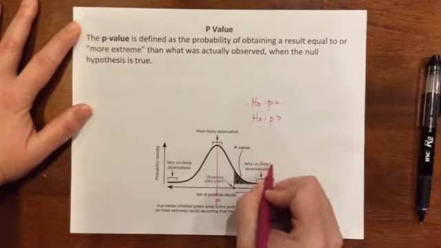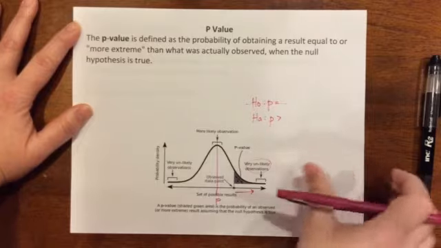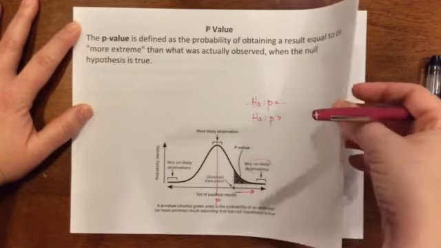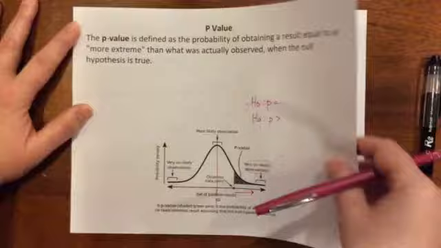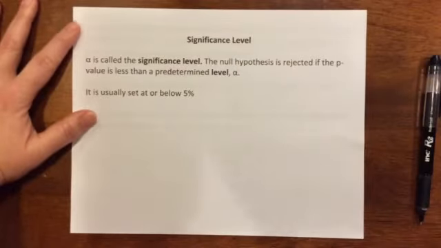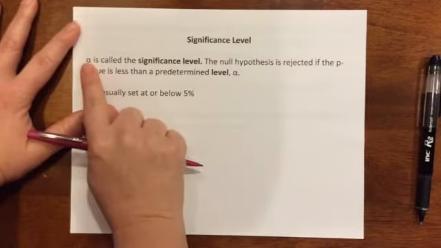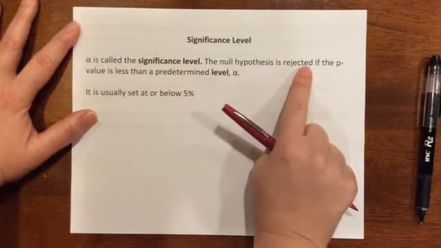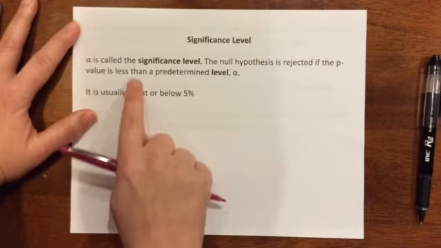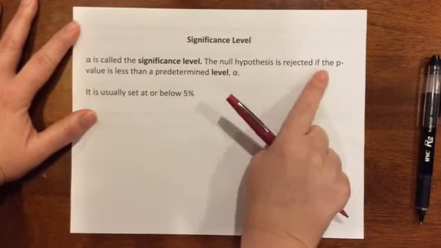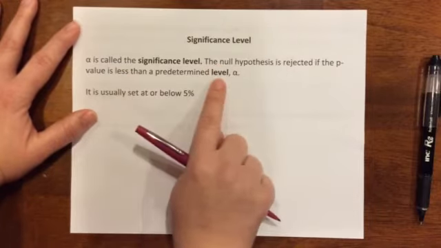So we said, what's likely or unlikely to happen? Well, everybody's description of what's likely or unlikely might be different. So we set a level called the significance level, and that's alpha. The null hypothesis is rejected if the p-value is less than this predetermined level.